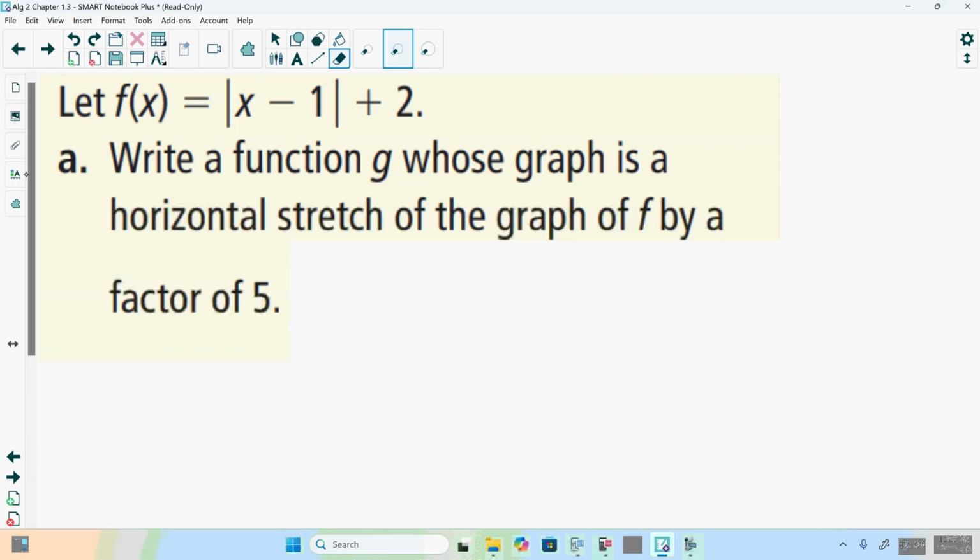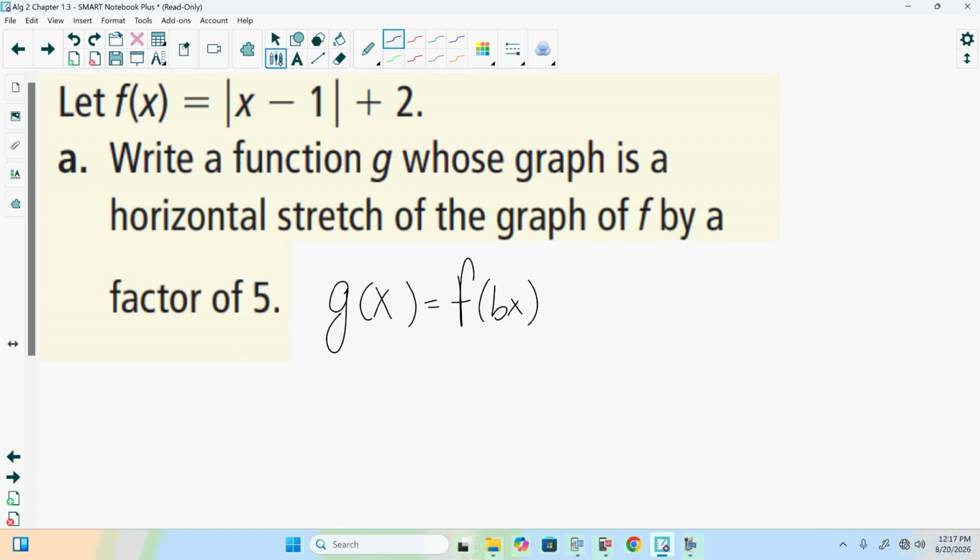Write a function g whose graph is a horizontal stretch of the graph of f by a factor of 5. So we have this where b is equal to 1 over a.